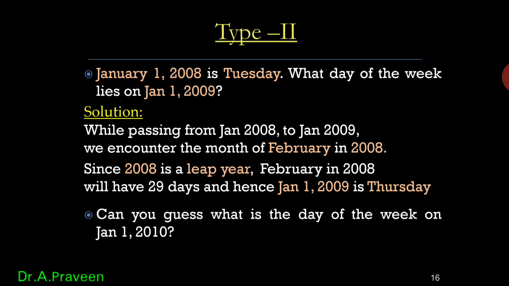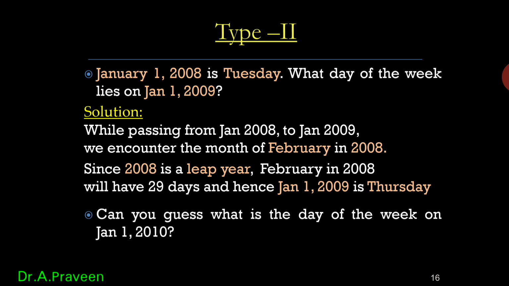Can you guess what is the day of the week on January 1, 2010? We know that January 1, 2009 is a Thursday, and we need to find what is the day of the week on January 1, 2010. As we did in the previous problem, we pass on from January 1, 2009 to January 1, 2010.